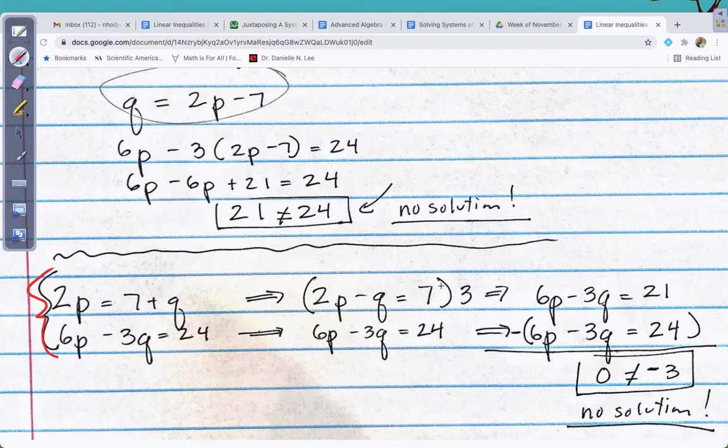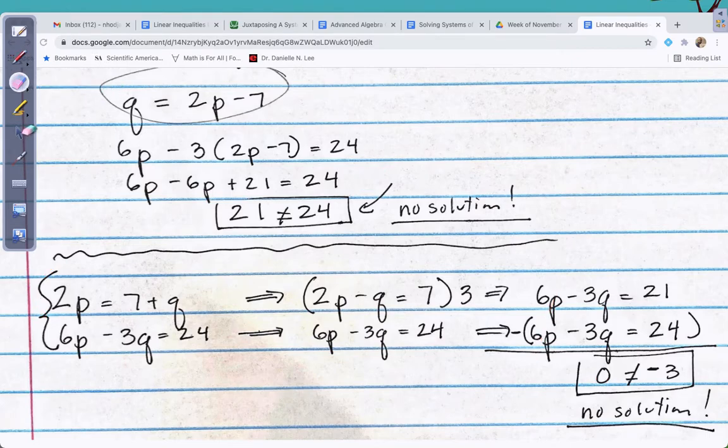Again, I am multiplying the first equation by 3, everything. And the p's cancel out, and the q's cancel out too, ending up with 0 not being equal to -3. Okay, it's not the same numerical outcome I had before, but it's the same conclusion. There is no solution. There's no time when 0 is going to be equal to -3.